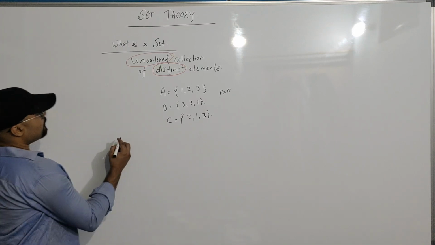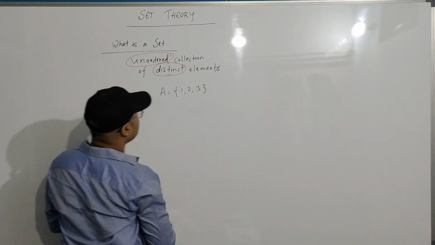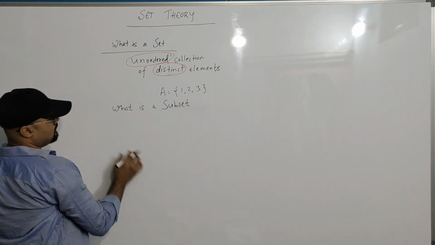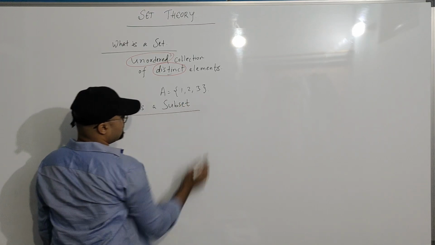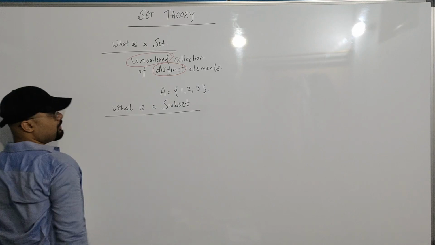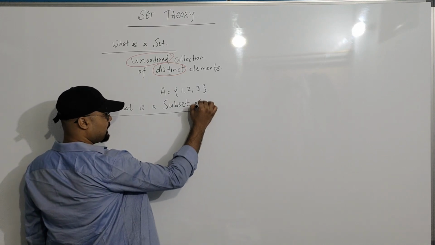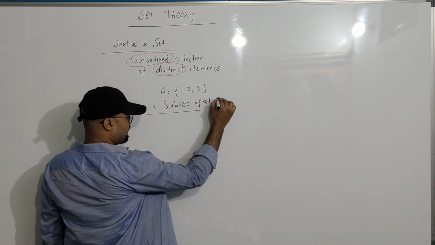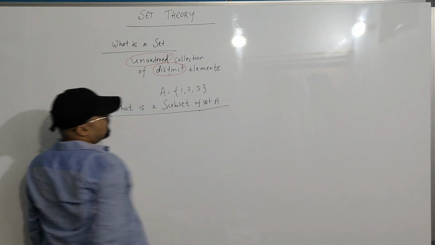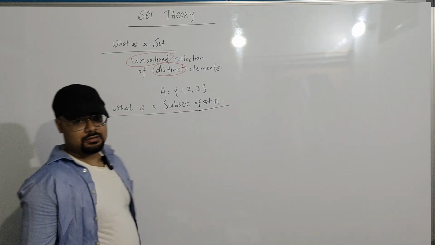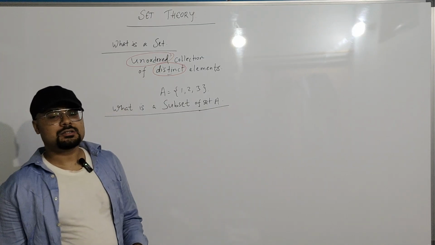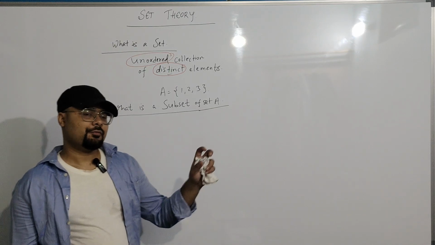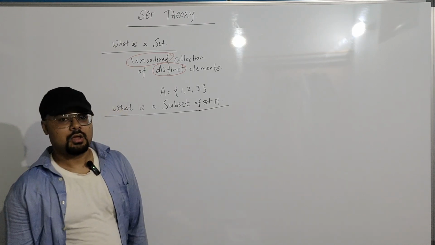What is a subset of a set? What is a subset? So we are concerned with set A right now. What is a subset of set A? If there is any other set whose elements are from set A, what does it mean?